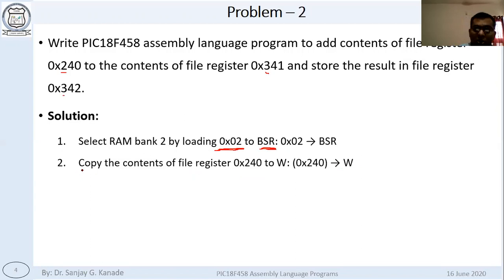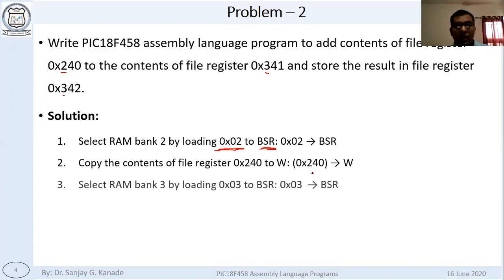To copy the contents of the file register to W, the instruction will be the same as before, but the difference is that A will have to be 1. A means the access bit will have to be 1. We will see the actual instructions on the next slide. Similarly, for the next register, we will have to use RAM bank 3 by loading the value 03 to BSR. Okay.